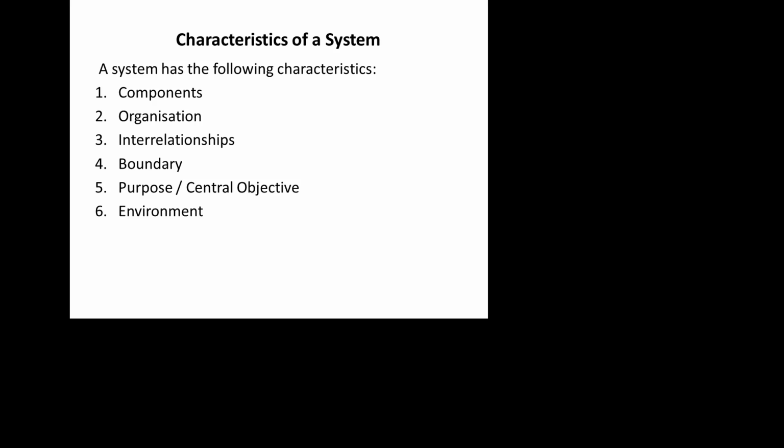With that objective, all the system components, organization, and subsystems are interlinked, and they are working in their own boundary with the purpose of fulfilling the objective of a business entity. And it is all working in an environment. So these are all the characteristics of a system.